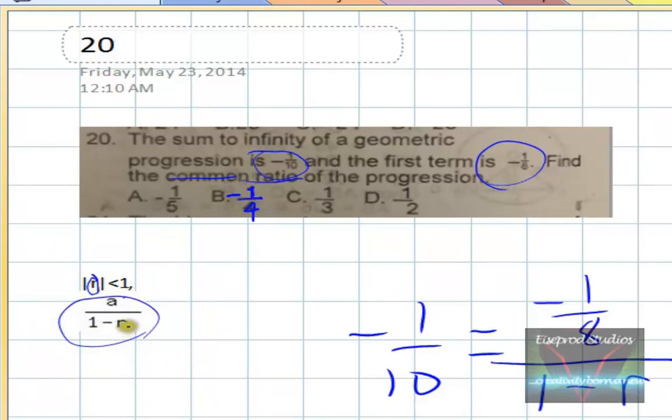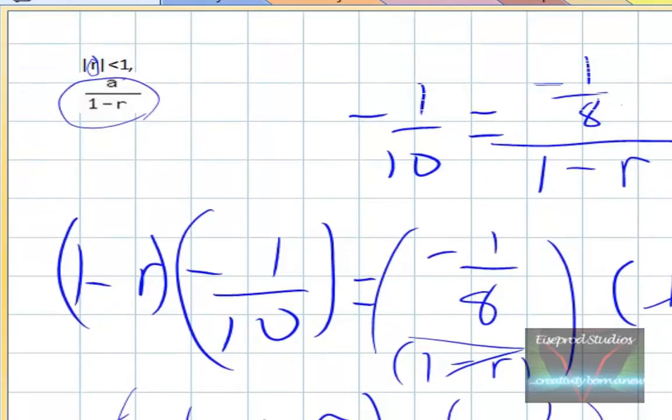Essentially, I've just plugged in what I know. So I know that the sum is negative 1/10, and I've set that equal to the first term, that would be my a, over 1 minus r, and we're solving for r. The first thing I did was multiply both sides by the quantity 1 minus r. That allowed me to get rid of the denominator over here and put 1 minus r over here.